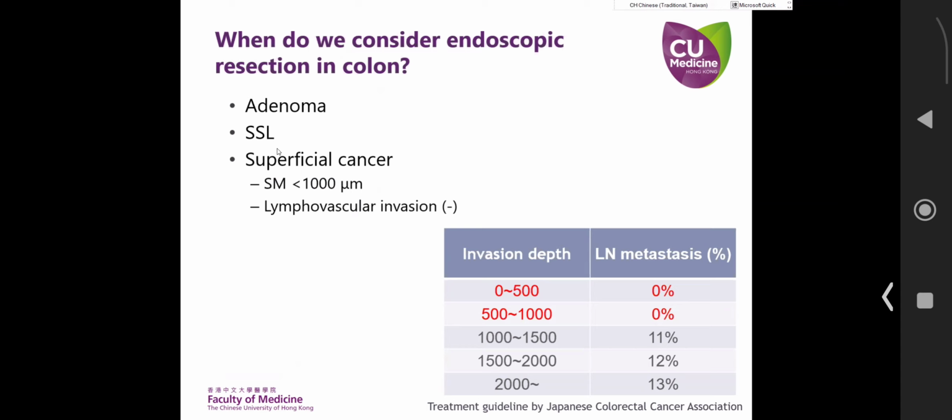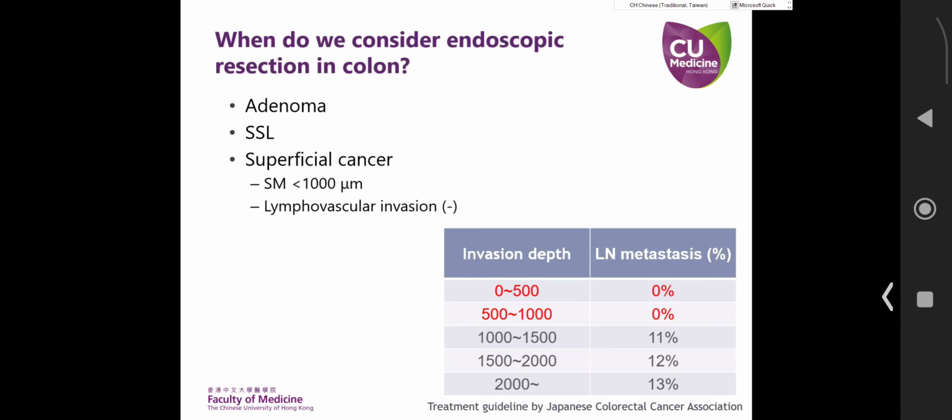Typically for low-grade adenoma or SSL, it is very easy to do endoscopic resection with very minimal risk of lymph node metastasis. But if we are targeting something called early cancers or lateral spreading tumors, it is very important to determine the invasion depth.